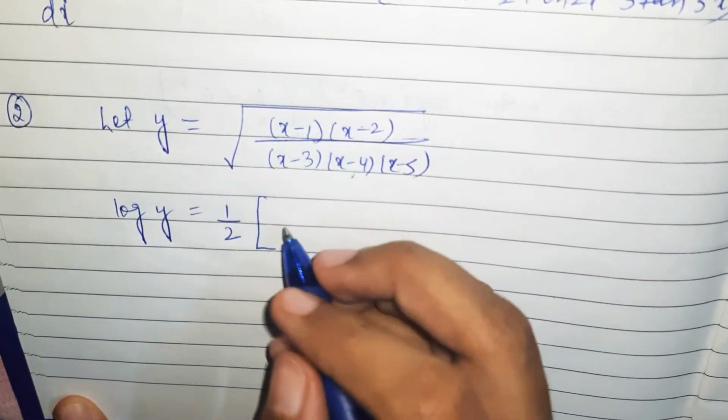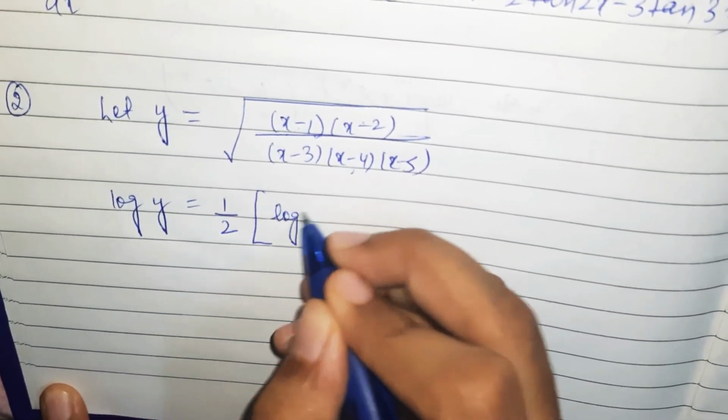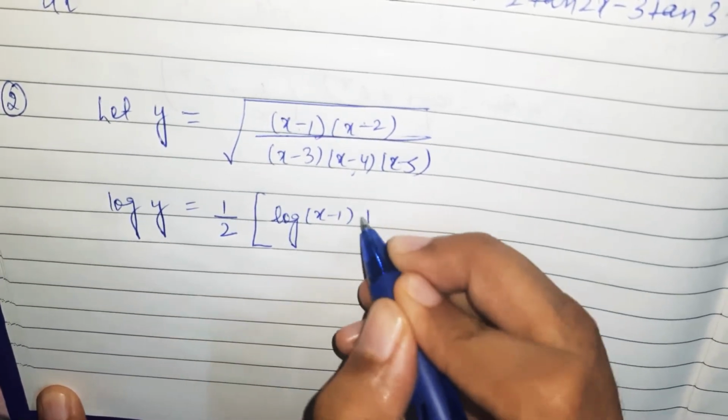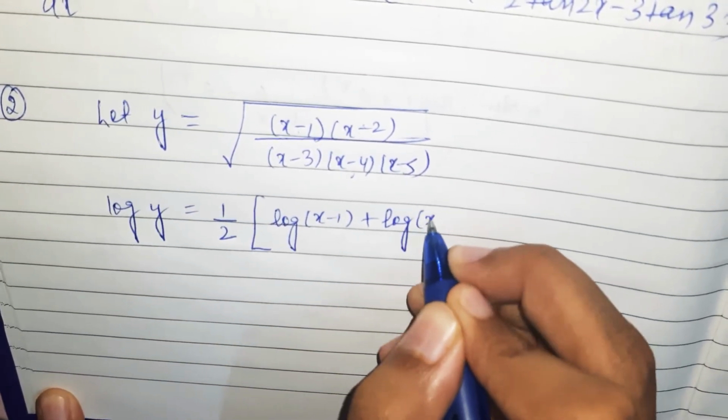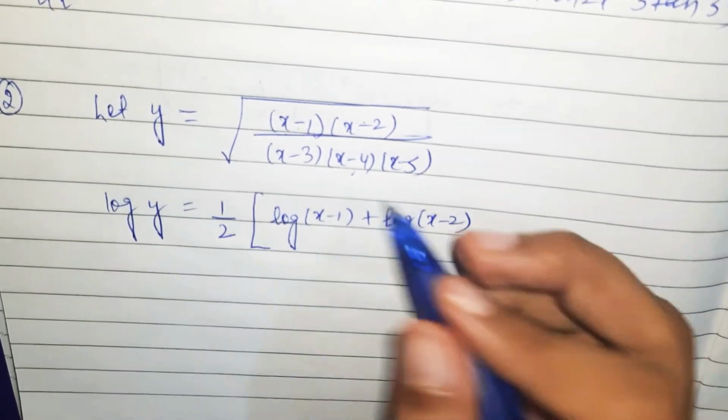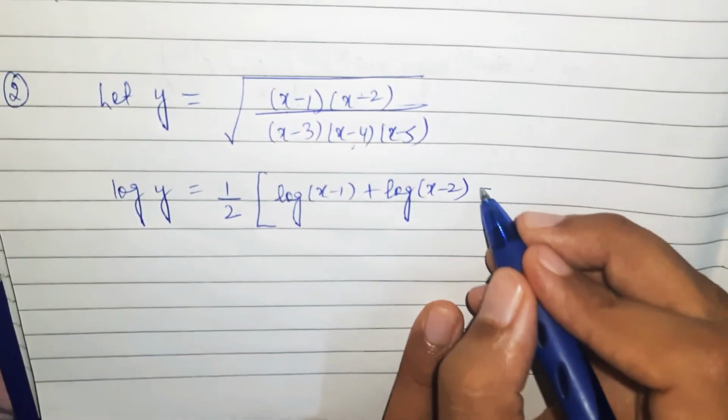So this is multiplication. So can we write log of m plus log of n? If a division sign is given, then we'll do minus.